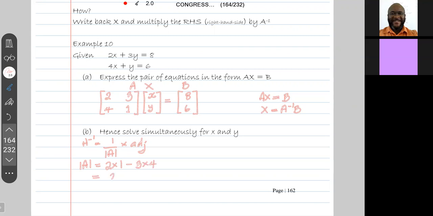So this is 2 minus 12. The determinant of A is minus 10.